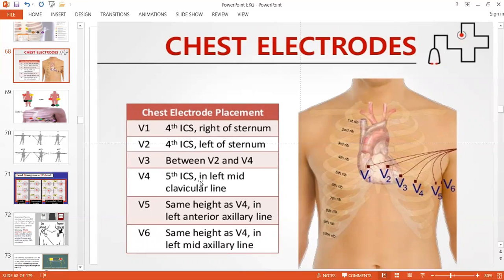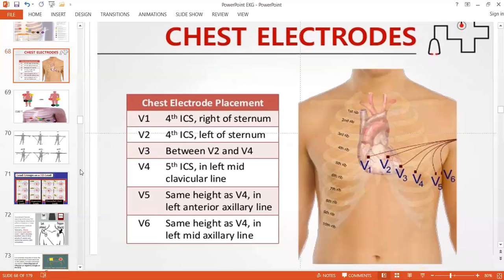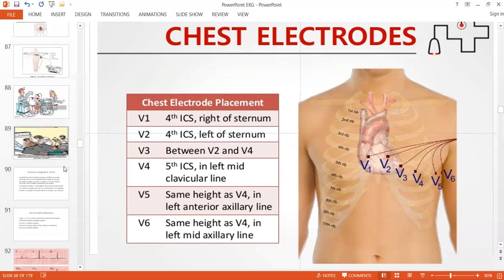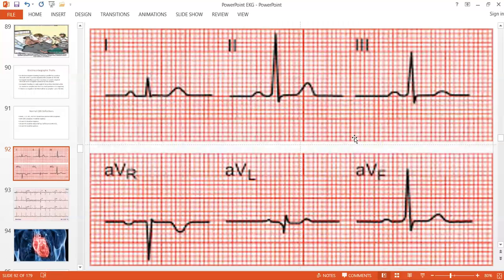You're going to name at least 2 leads that are most commonly used in continuous monitoring. And you're going to list all of those electrocardiographic truths, as well as all of the QRS complex deflections. I also want you to draw an illustration of this strip right here and label it.